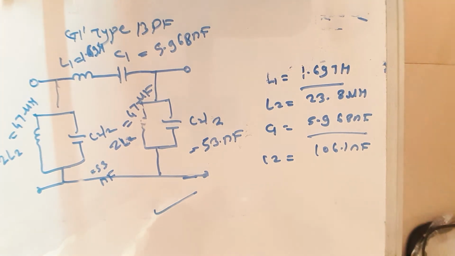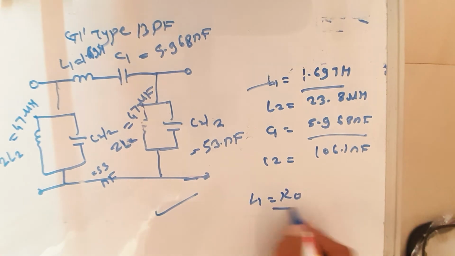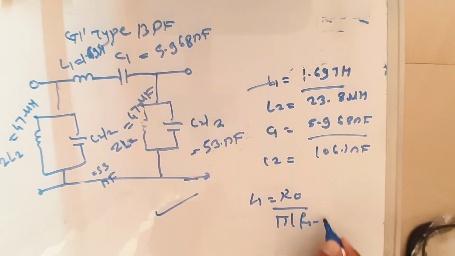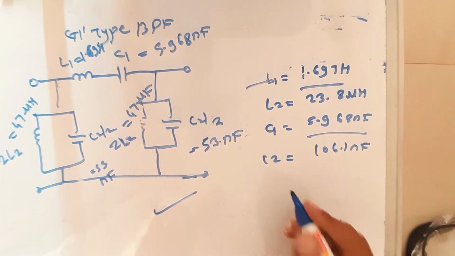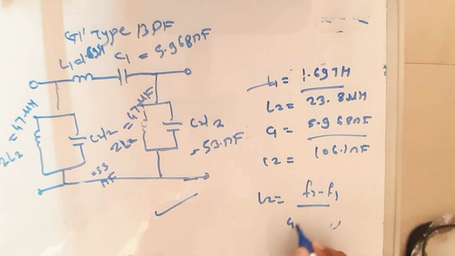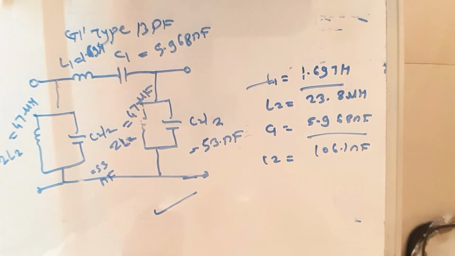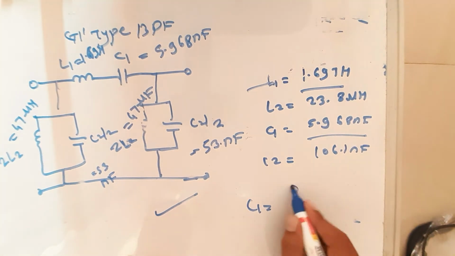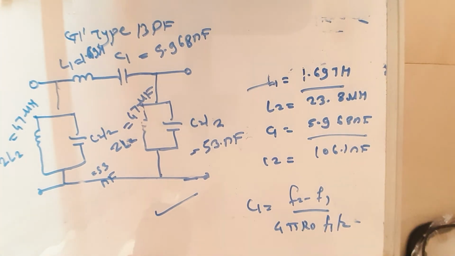So L1 formula is basically L1 equal to R0 divided by pi (F2 minus F1). Similarly, L2 equal to (F2 minus F1) divided by 4 pi R0 F1 F2. Similarly, C1 equal to (F2 minus F1) divided by 4 pi R0 F1 F2.